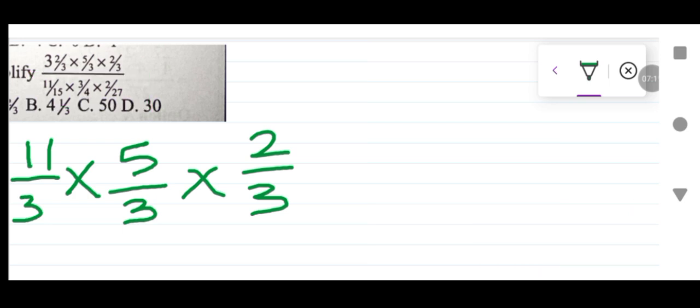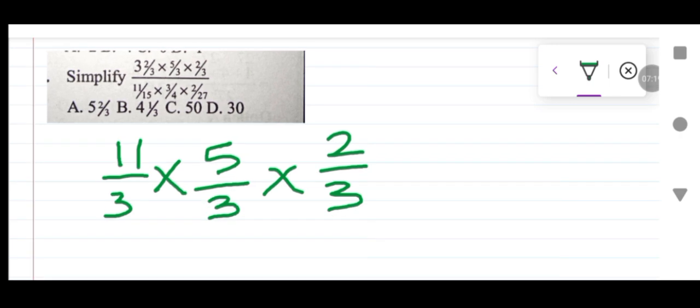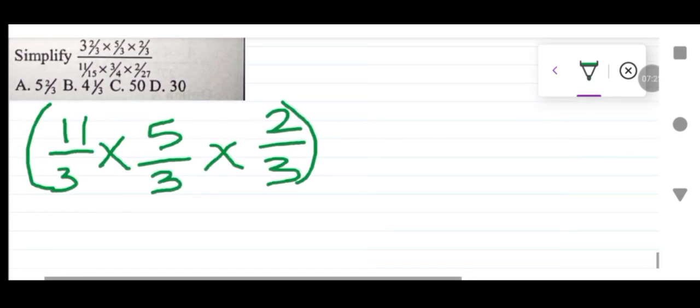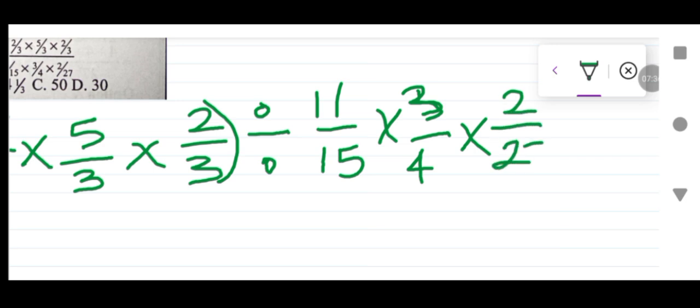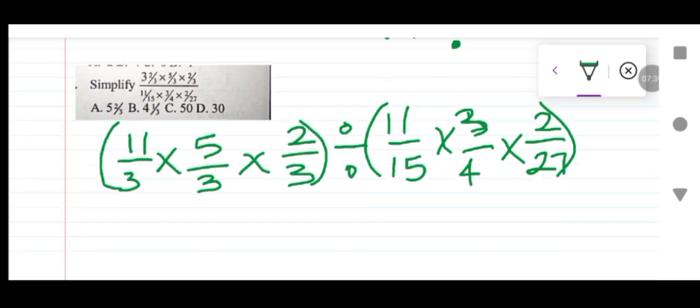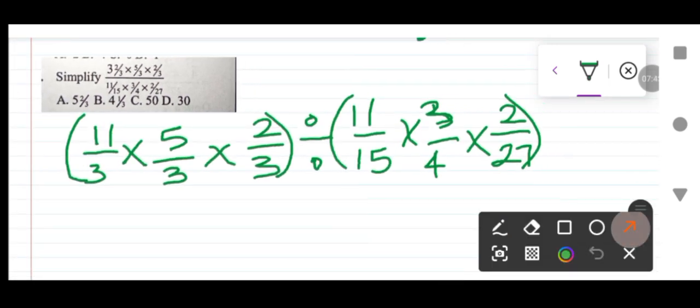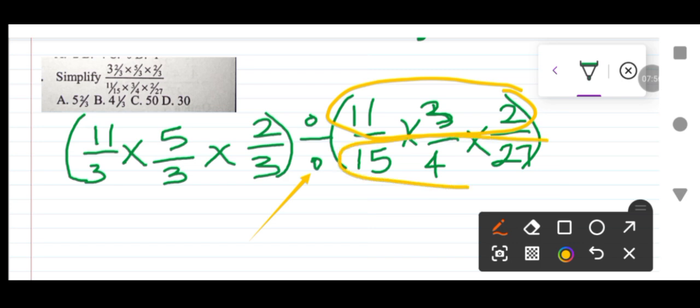So what you want to do is write this in this format. So bracket this, then divided by the denominator, which is 11 over 15 times 3 over 4 times 2 over 27, then bracket this. So what you want to do now is change this division to multiplication, and if that happens, all the values at the top over here will become denominator, and all the values at the bottom here will become numerator.